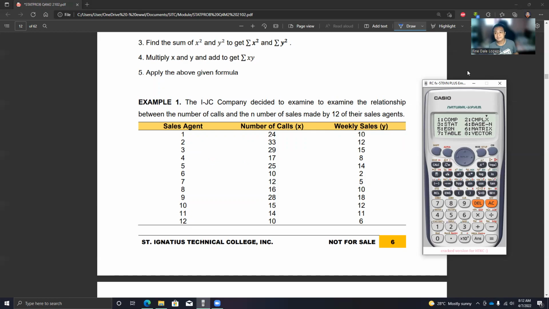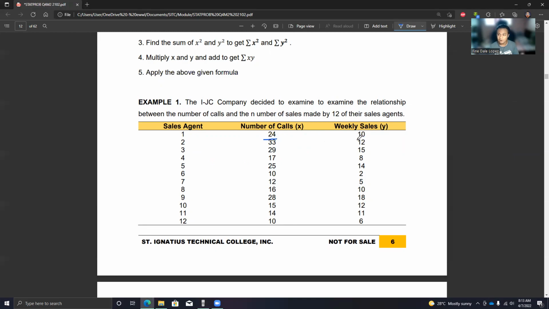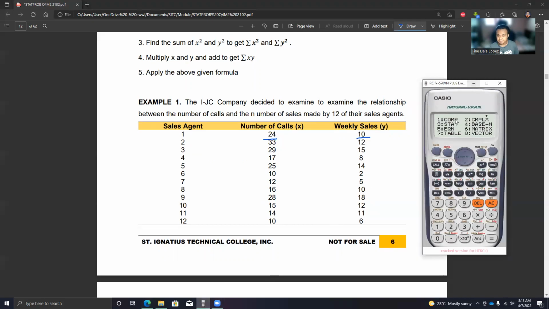So, akong expect nga kung daghan kayo og sige siya panawag sa iyang mga clients, ang iyang weekly sales makaabot sa iyang quota sa mga sakyanan. So, kung ang number of calls niya 24, ang weekly sales niya kay 10. So atong i-prove karon nga kung magkadaghan ang number of calls, mudaghan ba pud ang weekly sales.